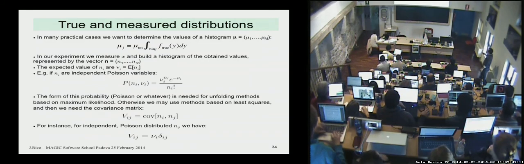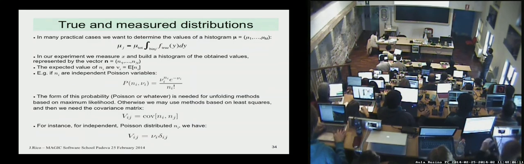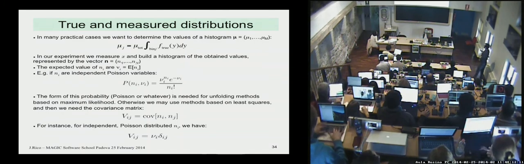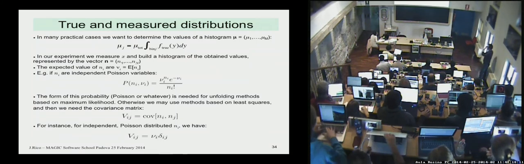So in many practical cases, by determining the real PDF, f true, what we are doing actually is to determine the values of a histogram, which I will call mu, with m elements. And the values of mu are given by the total number of events from a given measurement, or realization, and the integral within the different bins of this PDF.